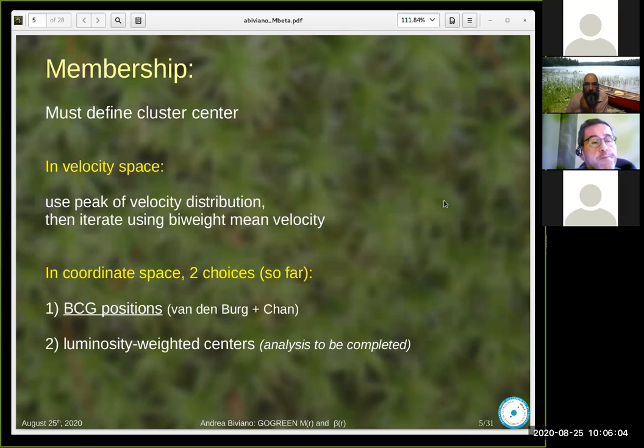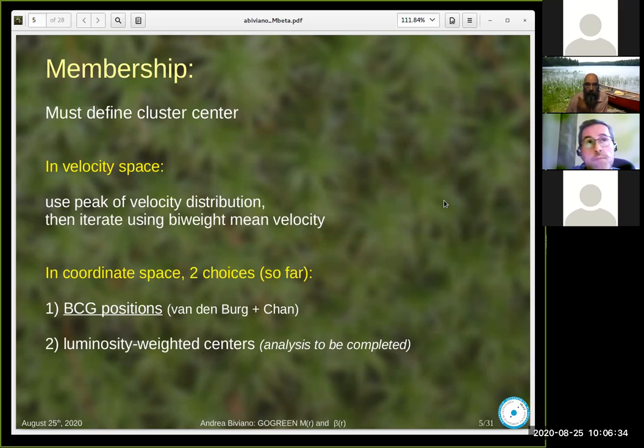Okay, the first thing we have to do, we have to define which are the spectroscopic members of these clusters. So we must define a cluster center to start with. In velocity space, it's pretty straightforward. You can identify the peak in the velocity distribution and then iterate and use some robust estimate of the mean of the velocity distribution. In the coordinate space, it might be a bit more subtle, and we investigated two choices so far.